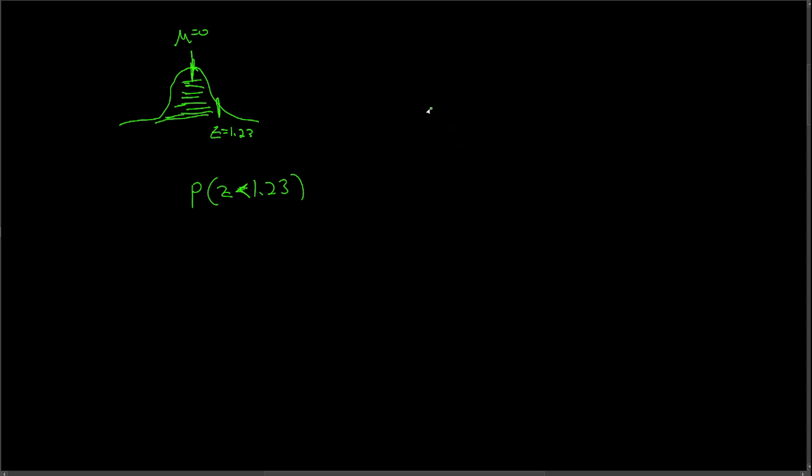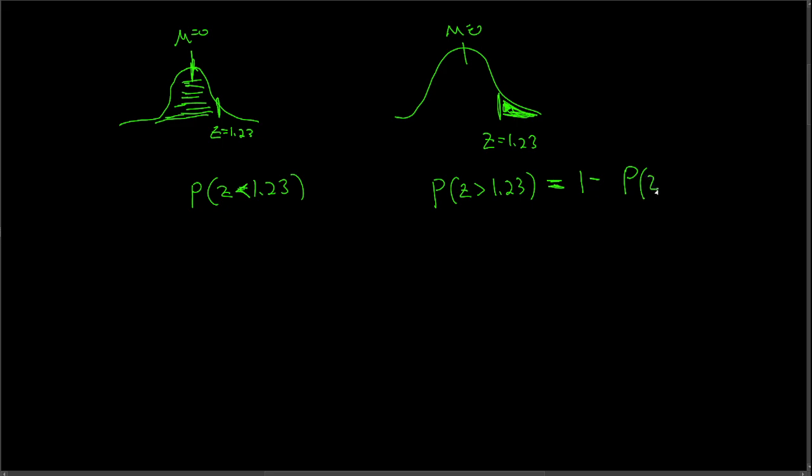If I want the probability of the z-score being greater than 1.23, then I'm talking about this area to the right. Well, our calculation is then to use the complement, because this is going to be 1 minus the probability that z is less than 1.23. It's the other side of this.